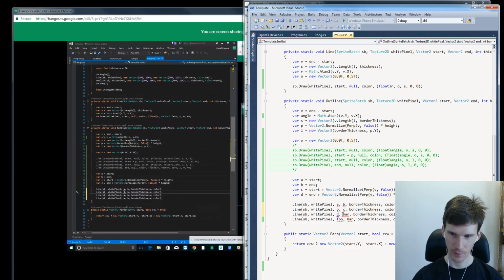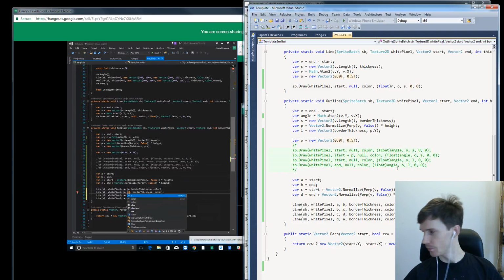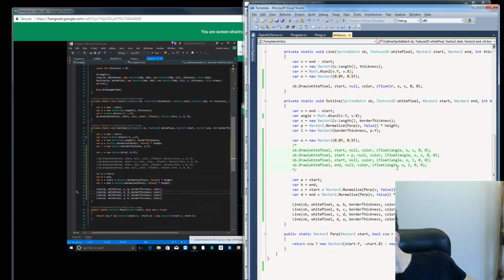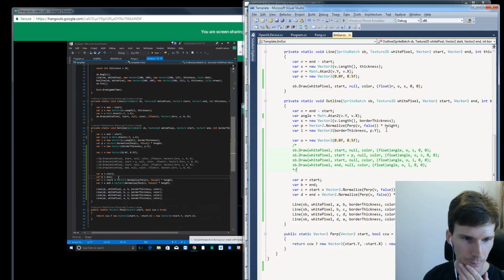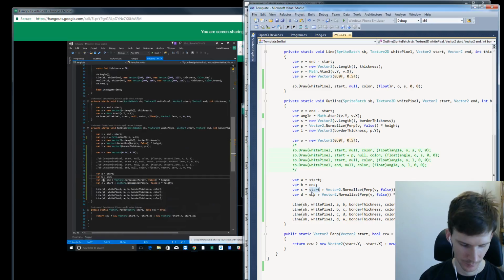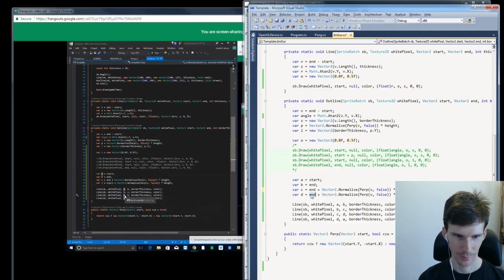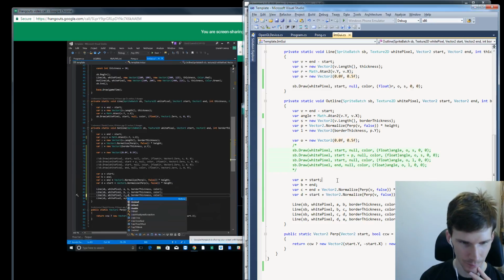A to B. We can do B to. Oh wait, no. If we're doing B to C, then C is actually end. Anyway, this is going to be wrong, but I'm going to give it my best chance.